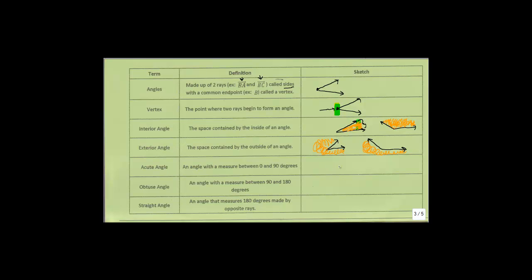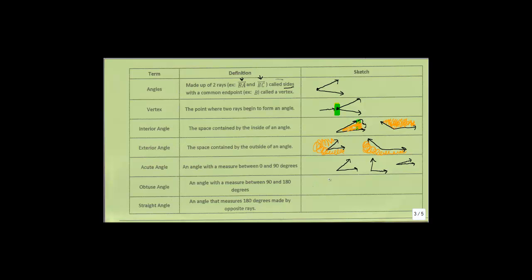An acute angle, obtuse angle, and straight angle, these are things that you should remember from junior high, but I just wanted to make sure that you remembered them. An acute angle is anything between 0 and 90 degrees. So anything between 0 and 90, anything that looks like it's almost 90, but not quite. And even a teeny, teeny, tiny angle. There you go.